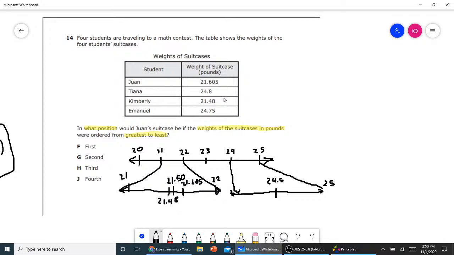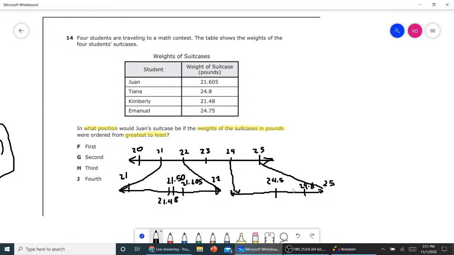So let's ask ourselves, is 24.8 greater than or less than 24.5? The answer is 24.8 is greater than 24.5. It would be right here, 24.8. We also see Emmanuel's number, 24.75.